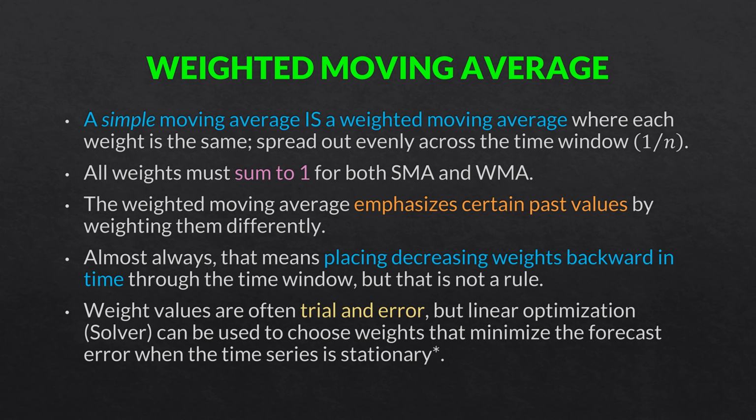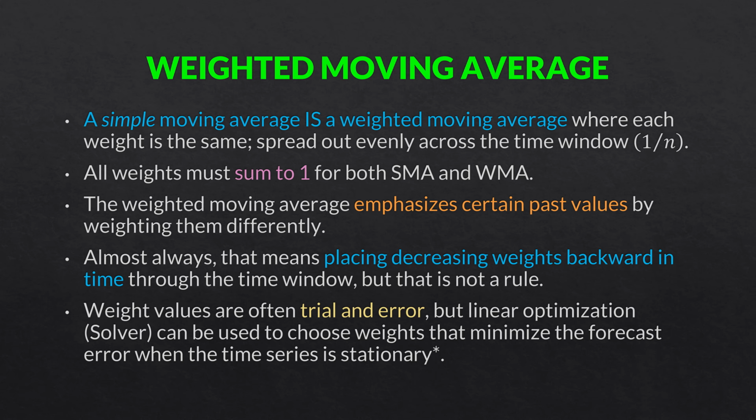Now, weight values are often trial and error, but linear optimization, for example, Solver, can be used to choose the optimal weights that minimize the forecast error when the time series is stationary. Now, notice I put a star there for a couple of reasons. It is important that the time series is made or is naturally stationary. The data we're going to use in this video is a perfect example of why that is. The data in this example has a very strong trend.